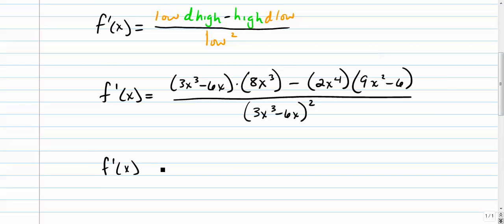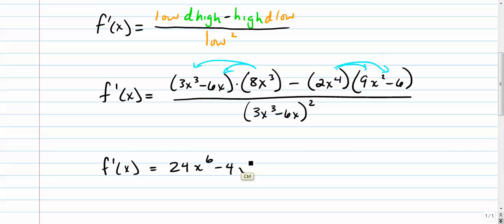So f prime of x is equal to, let's see here, we can do a ton of distributive property. Alright, let's do that. So we have 24x to the sixth minus 48x to the fourth.